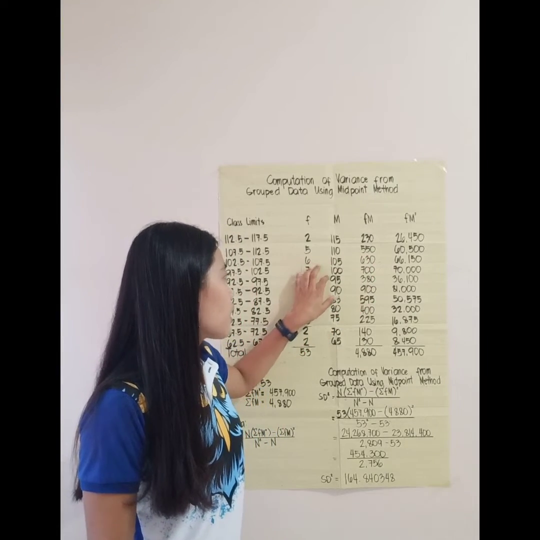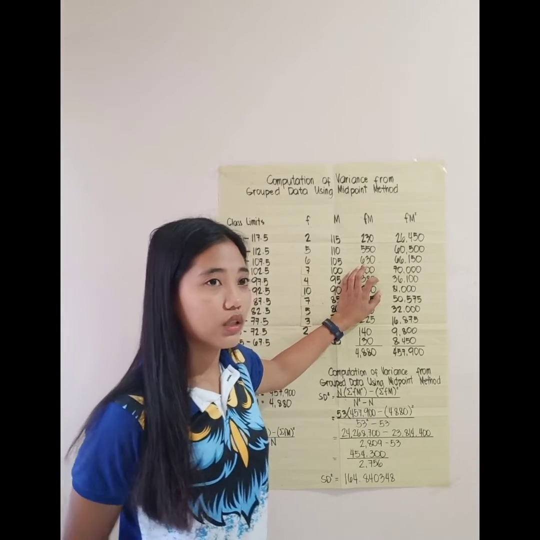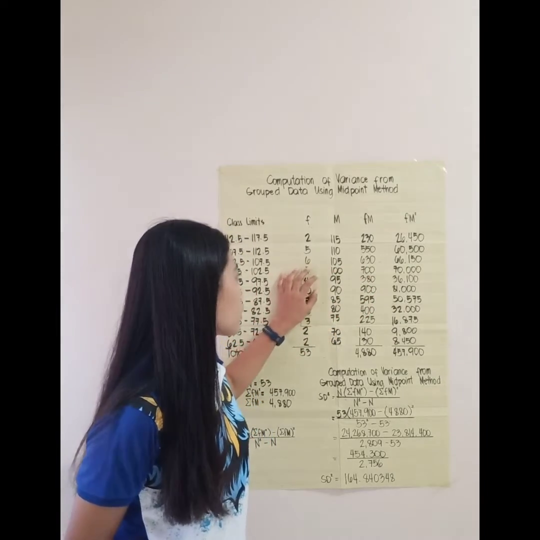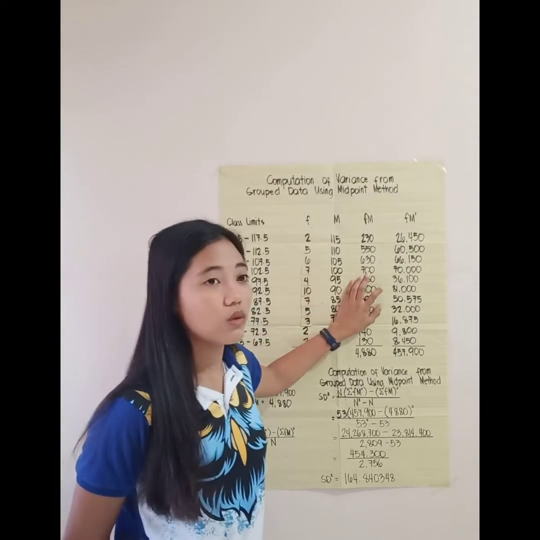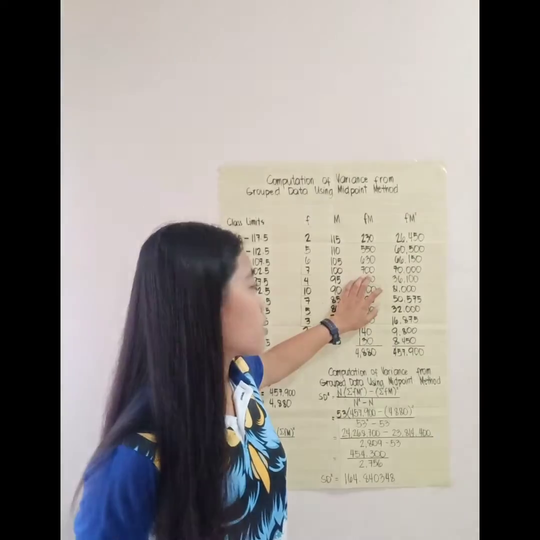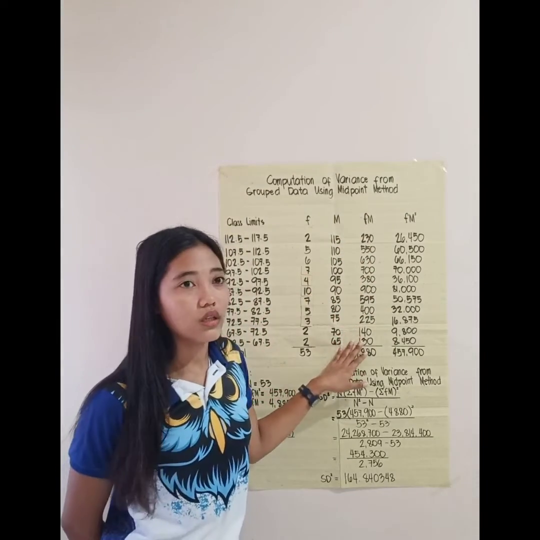Next, 6 times 105, the result is 630. Next, 7 times 100 is equal to 700. And so on and so forth.